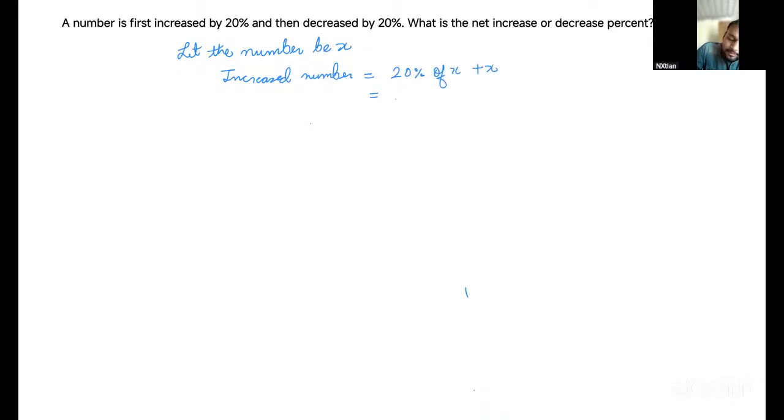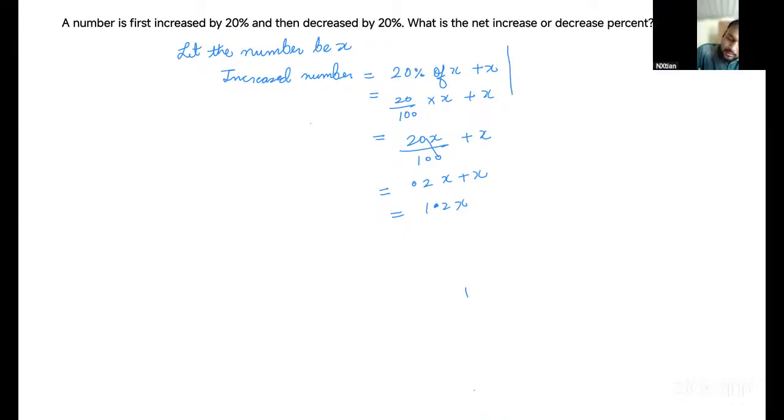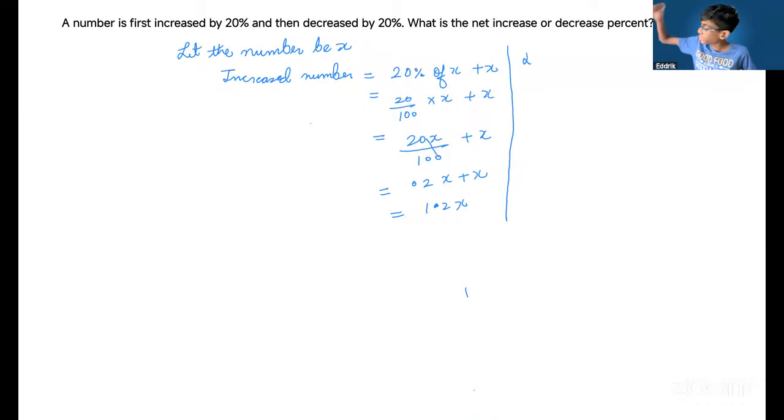So 20 upon 100 times x plus x becomes 0.2x plus x, which becomes 1.2x. Okay, so the increased number is 1.2x. Understood? Yes or no? 1.2x because 20% of x is 0.2x, and 1x plus 0.2x gives 1.2x.